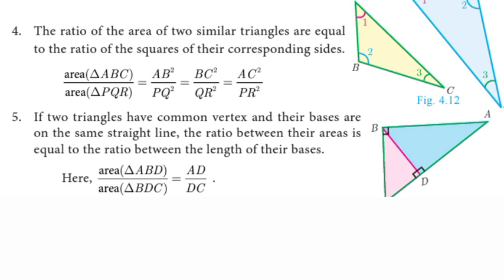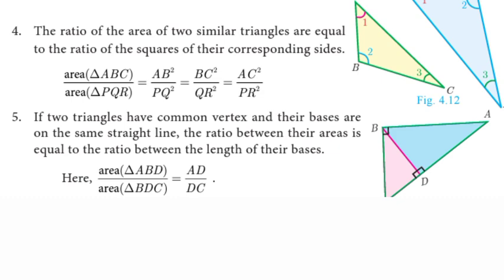Area of triangle ABC divided by area of triangle PQR equals the square of their corresponding sides. Taking squares: AB square divided by PQ square, then BC square divided by QR square, and AC square divided by PR square. So the ratio of the areas of two similar triangles equals the squares of the corresponding sides.